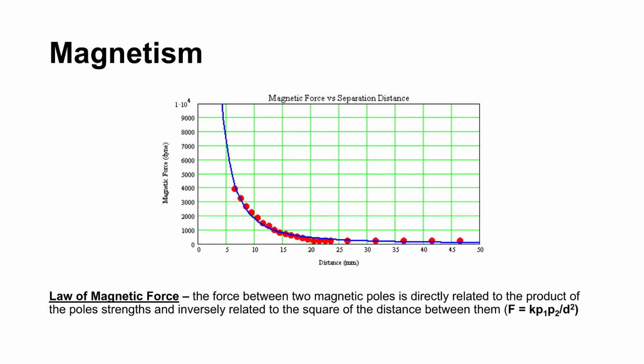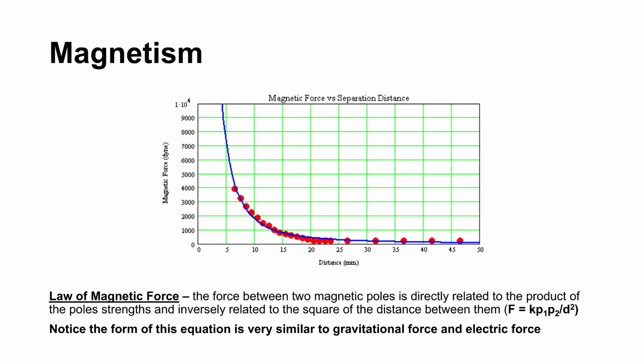And graphically you can see that this is an inverse exponential relationship between the distance and the magnetic force. So the force between two magnetic poles is directly related to the strengths of the poles and inversely related to the square of the distance between them.